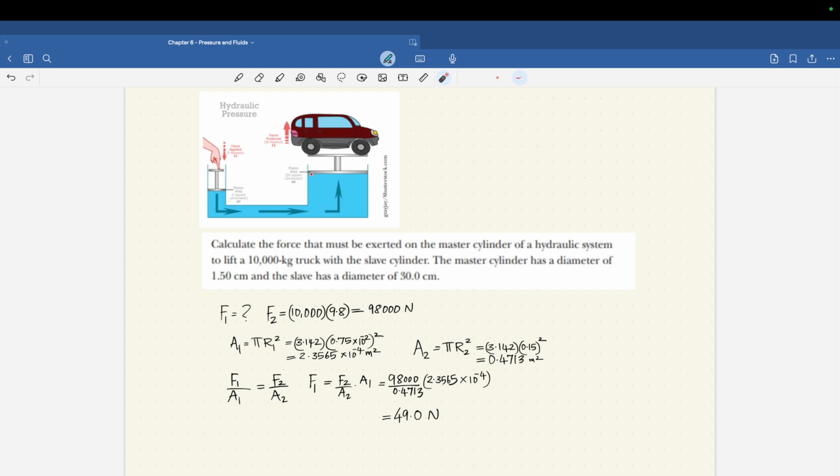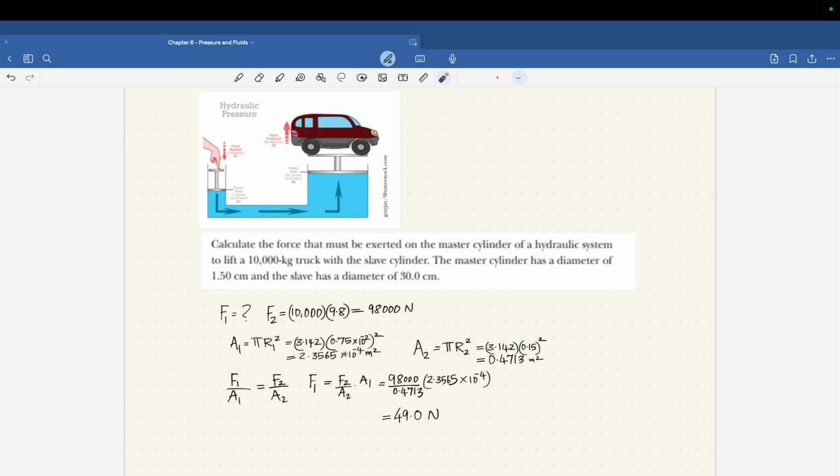The area of a circle is pi r squared. So that's why I've first calculated the area of the smaller part, which is pi r1 squared. That's pi, and then I took half of this, 0.75, and divided it by 100 to change it into meters, which is the same as multiplying it with 10 to the negative 2.